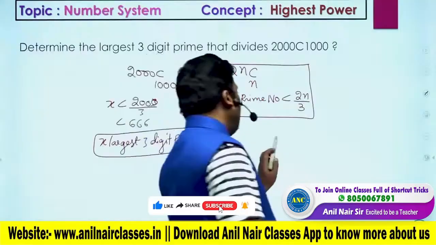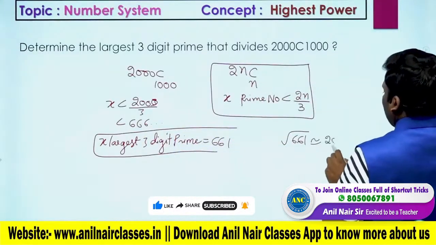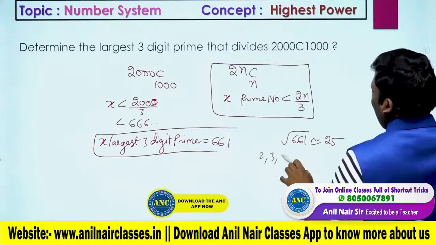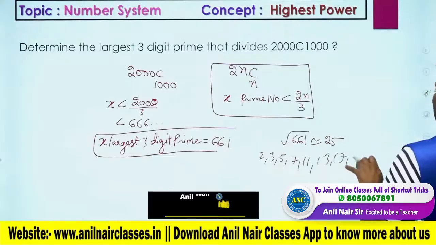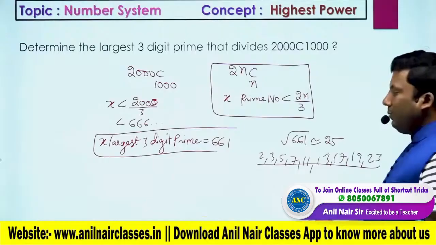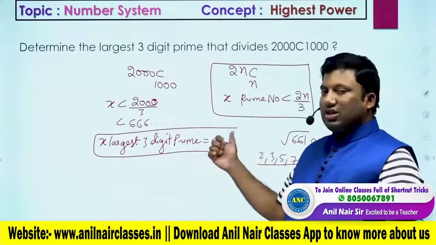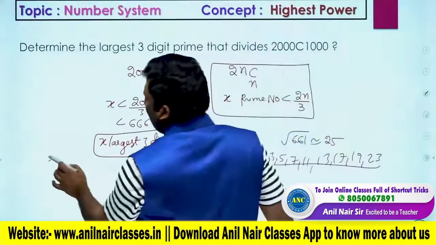If you take the square root of 661, 25 square is 625. So write down all the prime numbers: 2, 3, 5, 7, 11, 13, 17, 19, 23. 661 is not divisible by any of these, so 661 is the largest 3-digit prime number. So 2000, how many times will it go?